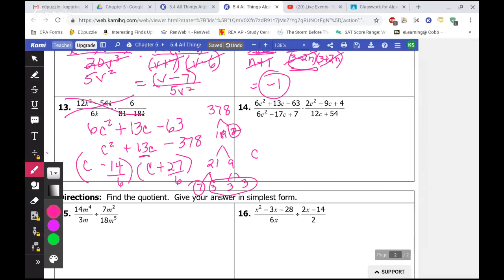C minus, and then you'll reduce this to 7/3, and that can't be reduced anymore. And you'll reduce that to 9/2. And so that then becomes 3c minus 7 and 2c plus 9.